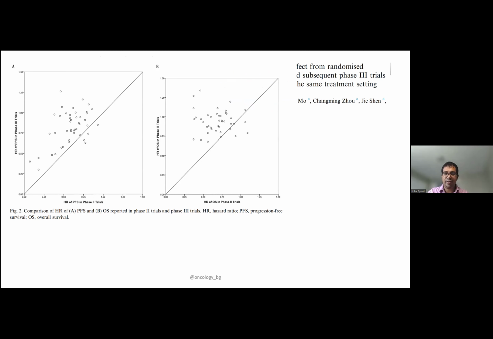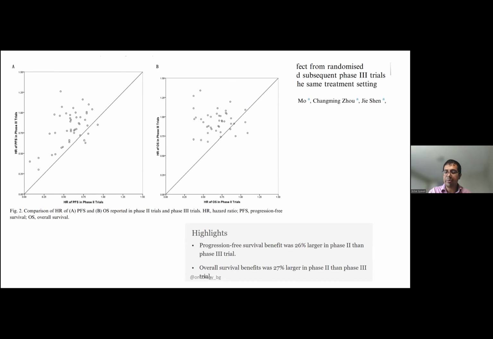Although it is randomized, if you see the hazard ratios, it shows more benefit in randomized phase 2 than what you see in phase 3. PFS benefit was 26% larger in phase 2. Overall survival benefit was 27% larger in phase 2. So randomized phase 2 results, again, are not meant to inform practice. They are meant to support phase 3. But a randomized phase 2 is better than a single arm phase 2.